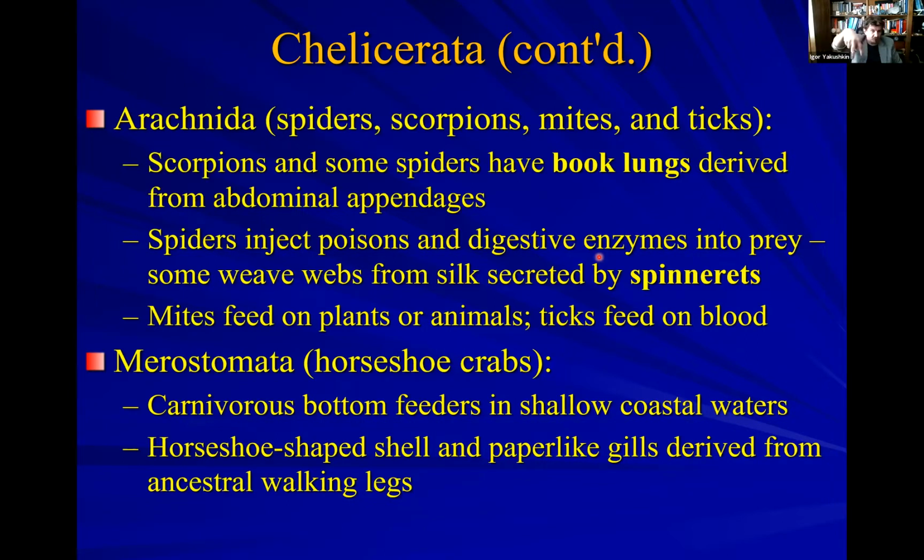It will disable the fly with an extremely potent toxin, and then it will start pumping in the digestive enzyme, and then it will wait for a little while until those digestive enzymes digest the prey, a fly, inside. And then the spider bites it again, and with the chelicerae, basically a tube, slurps everything that has been digested back.